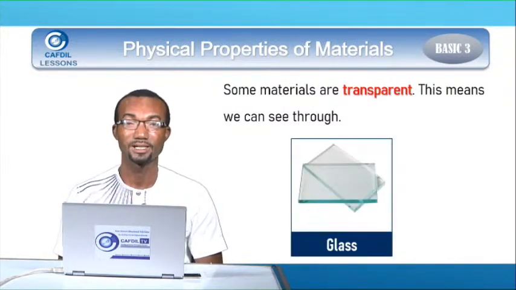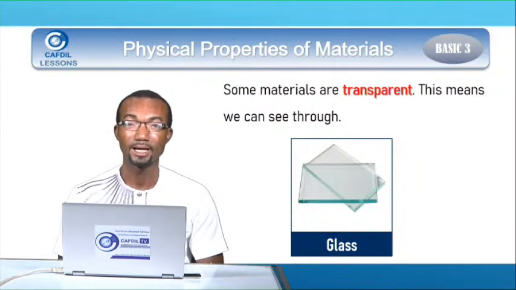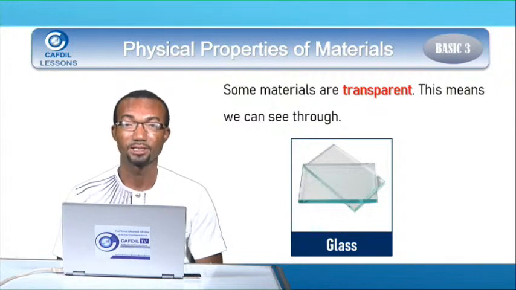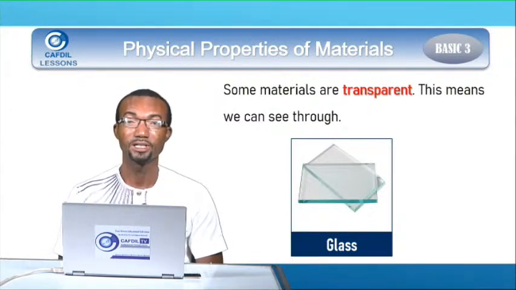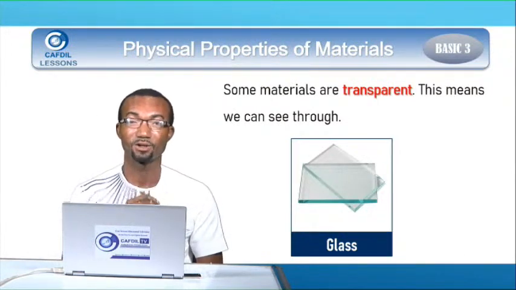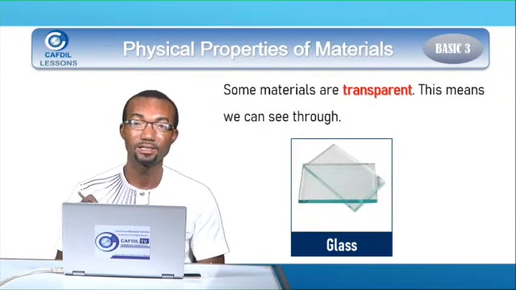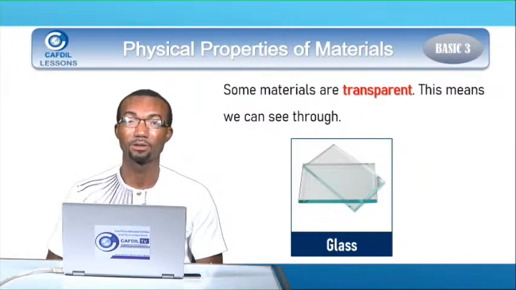Let's look at an example of material that is transparent. The example we see here is the glass. The glass is a transparent material. So anytime you board a car and then you look through the glass of the car, you can see the environment that surrounds you because the glass is transparent.